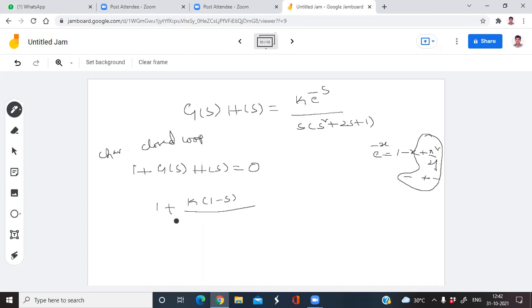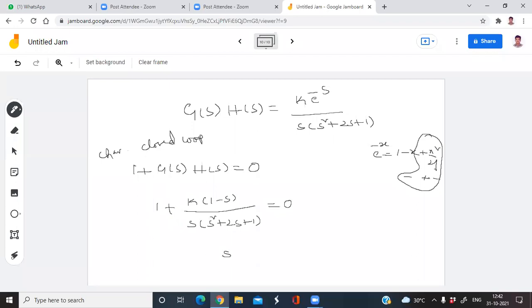So what is e power minus s? How can I find the stability for the system whenever the system is having e power minus s functions? Don't confuse. Just write e power minus s equal to 1 minus s. Remaining is simple. Into s square plus 2s plus 1 equal to 0.